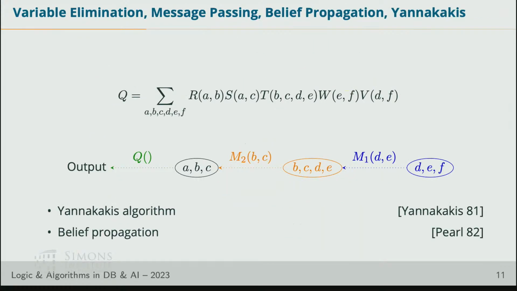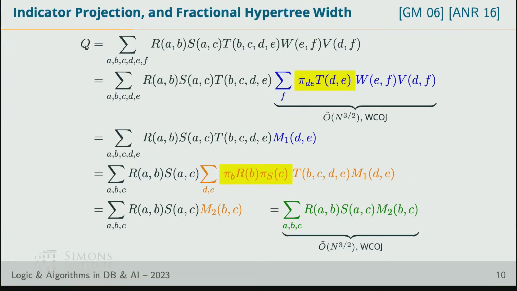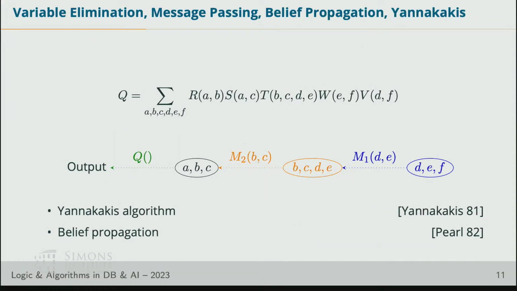Now, there's another way to express the same query plan, but this time more pictorially. So if you think about this subquery, there's a blue one and there's an orange one. So then you can represent that with a tree decomposition of the query. So a tree decomposition is a tree in which every node is a set of variables. So ABC, BCDE, DEF.